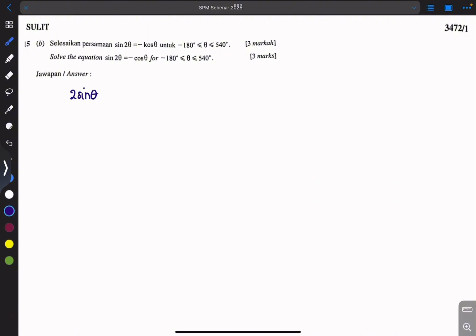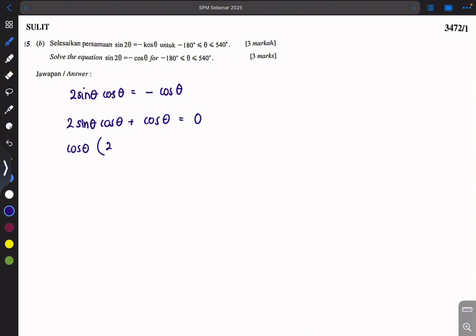2 sine theta cos theta equals to negative cos theta. What we can do is bring the cos theta over here. So 2 sine theta cos theta plus cos theta is 0. Then we factorize the cos theta. So we get cos theta times 2 sine theta plus 1.